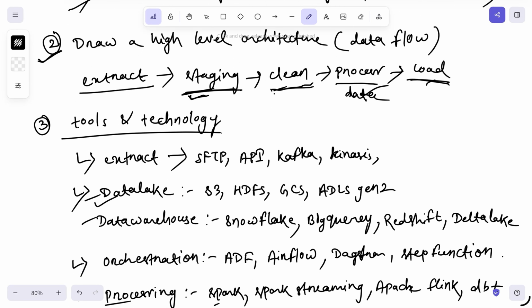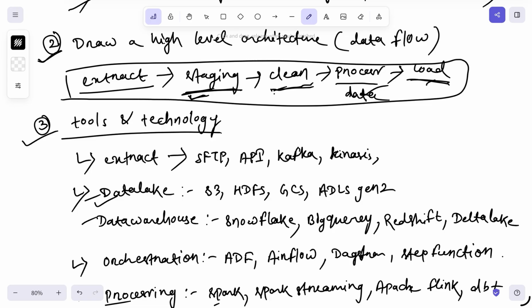The next thing is to discuss the tools and technologies you have used at each step in your data flow, like extraction, staging, processing, and load.